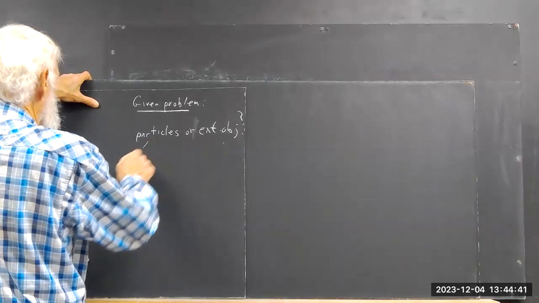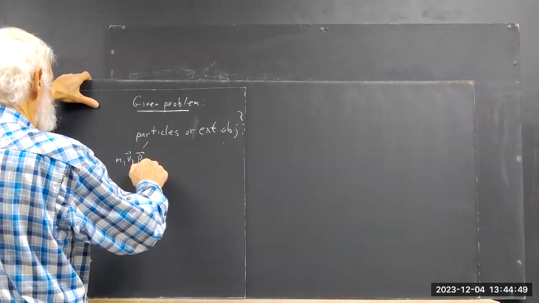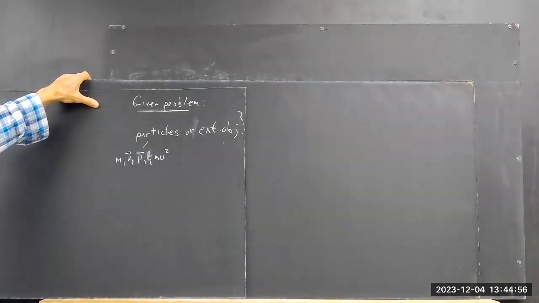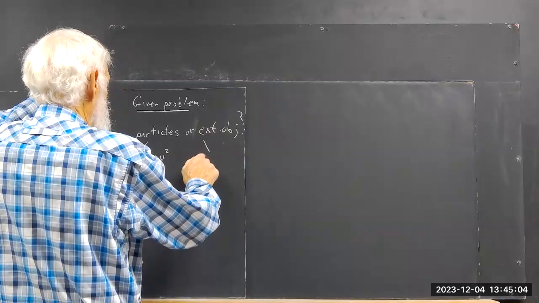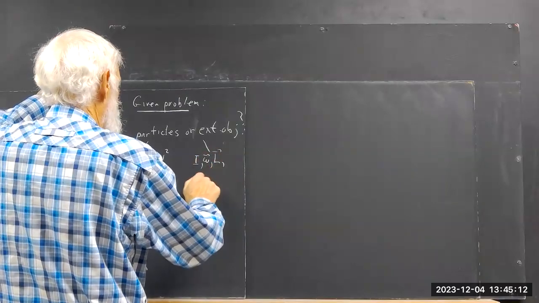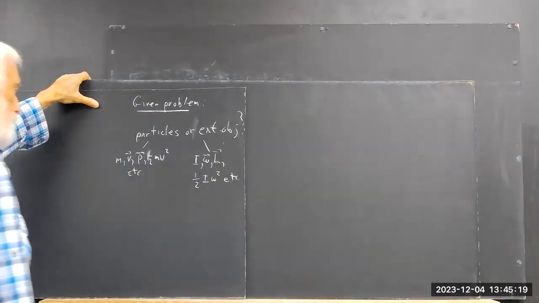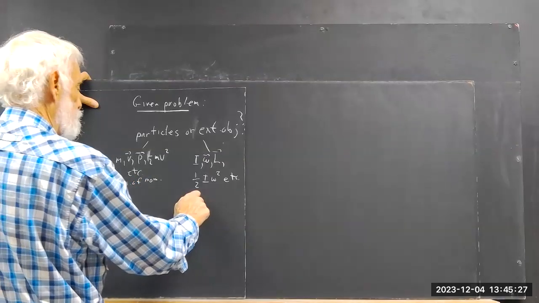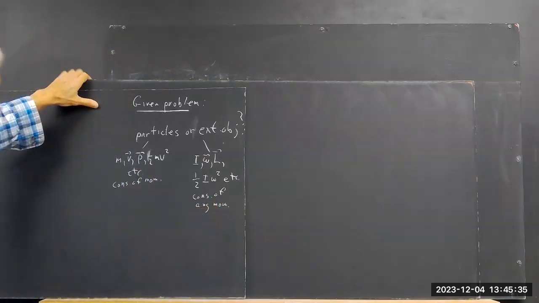If it's particles, you're going to look at m, v, p, one half mv squared, etc. If it's extended objects, extended, not external, you're going to look at moment of inertia, omega, L, one half I omega squared, etc. Here you've got conservation of momentum. Here you've got conservation of angular momentum.